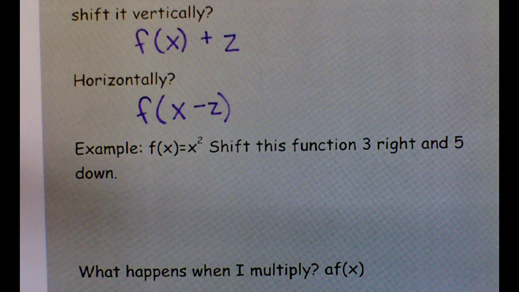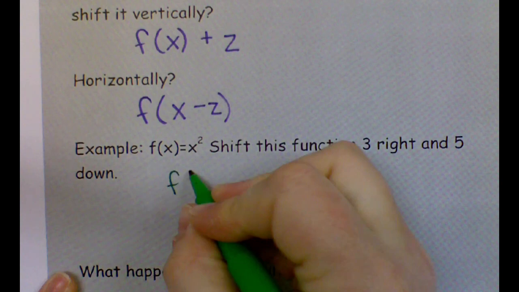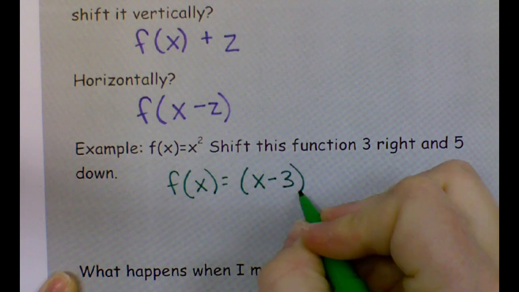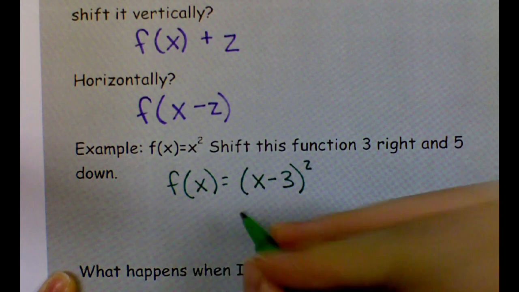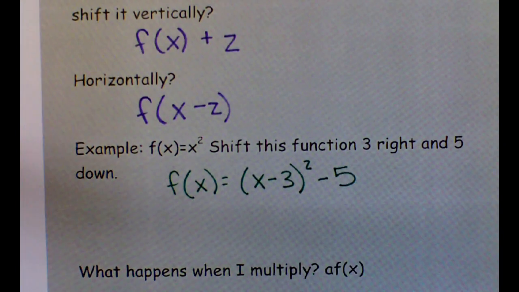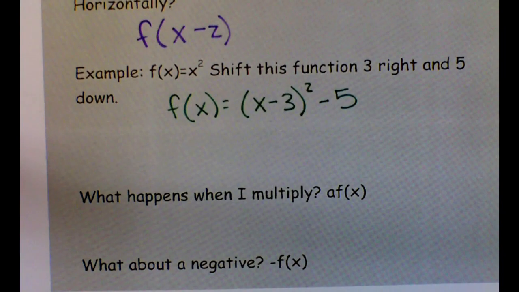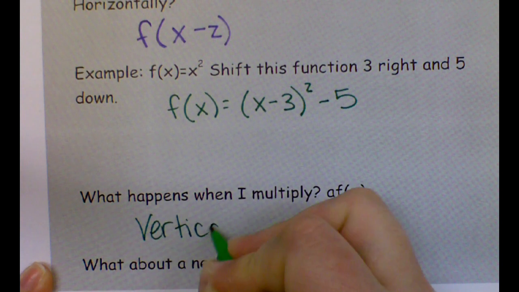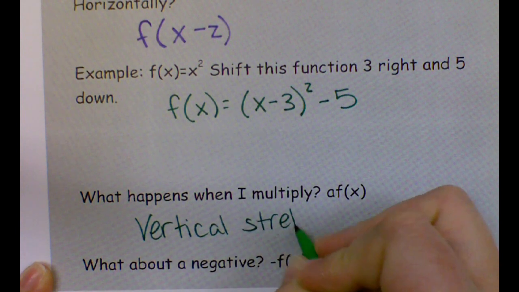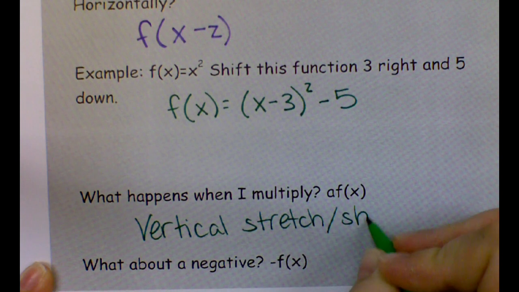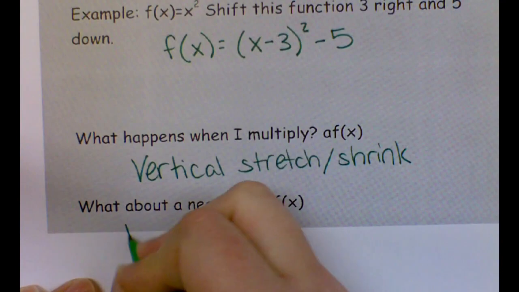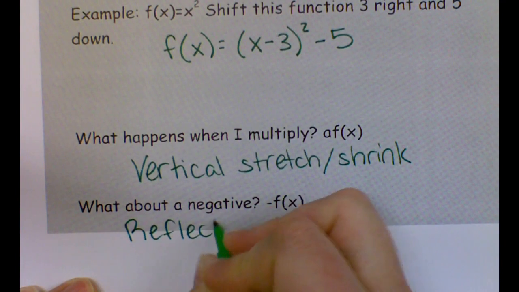So if I have f of x equals x squared, and I want to shift it 3 right and 5 down, remember that 3 to the right would be x minus 3, squared still, and 5 down would be a minus 5. If I multiply a times f of x, that is a vertical stretch or shrink. And a negative out front, remember that reflects over the x-axis.